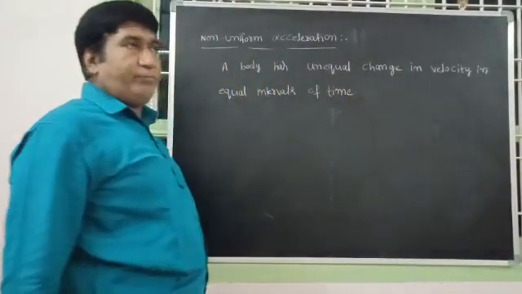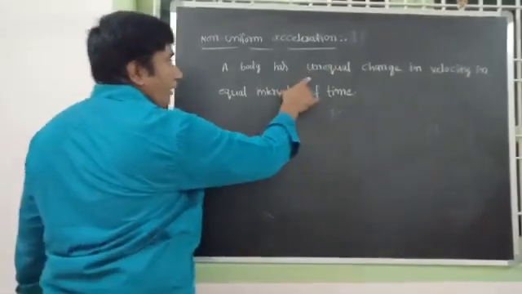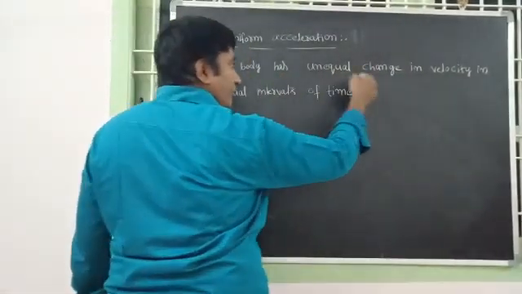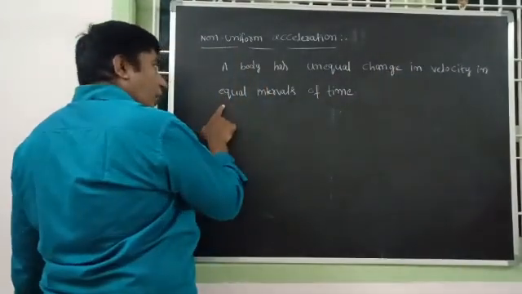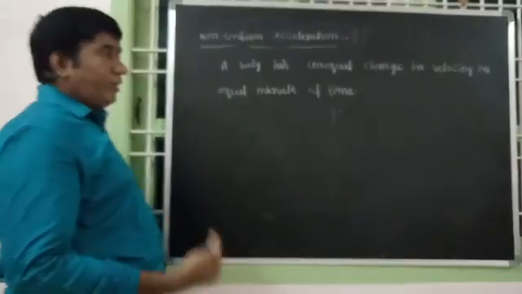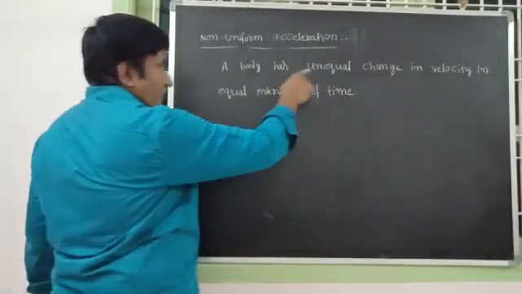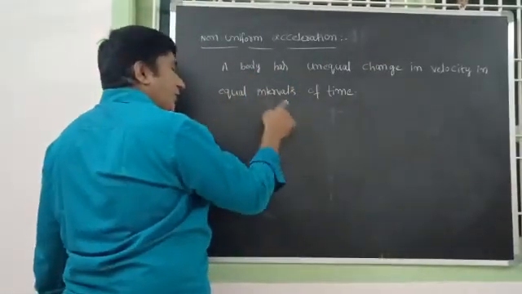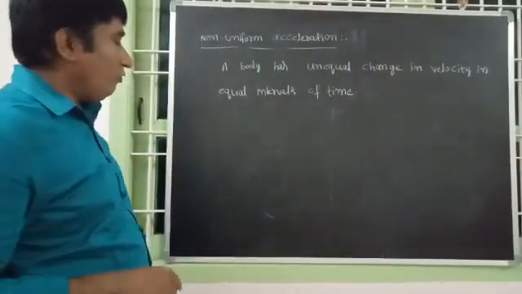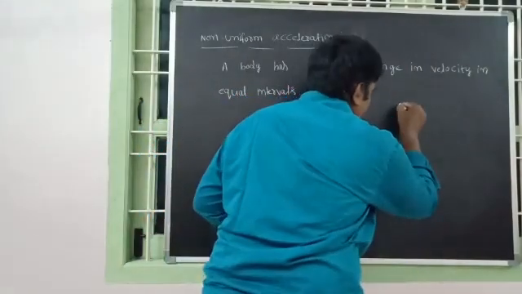However, the time period may be small. Or you can say a body has equal change in velocity in unequal intervals of time, or the third case is unequal change in velocity in unequal intervals of time. In such a case, the body is said to be moving with non-uniform acceleration.